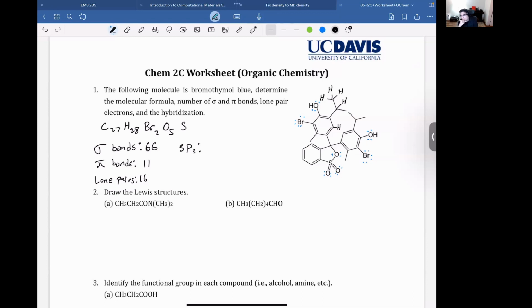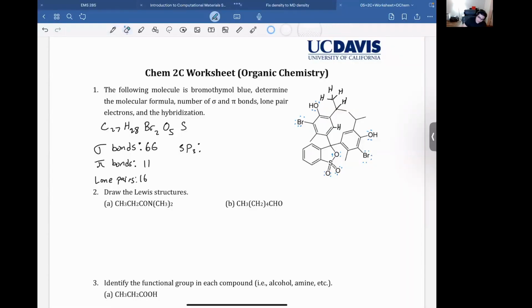Now, a short way to do hybridization is to look at how many groups that the atom is connected to. So if you have 4 different groups, or 4 electron groups, I should say, it is sp3 hybridized. Electron groups being lone pairs or whatever else.